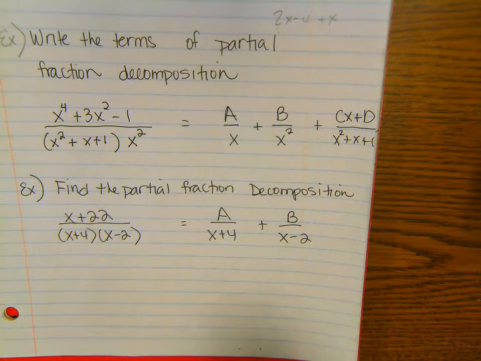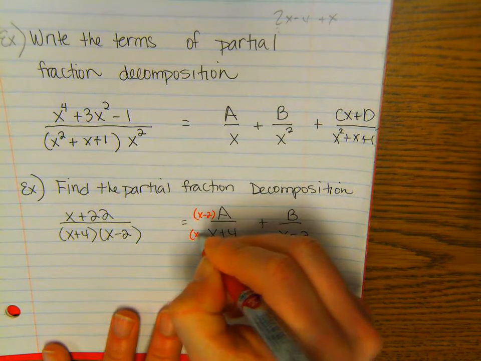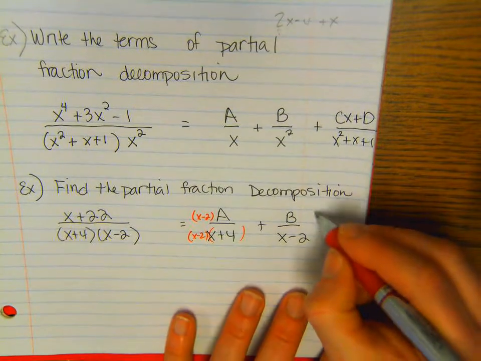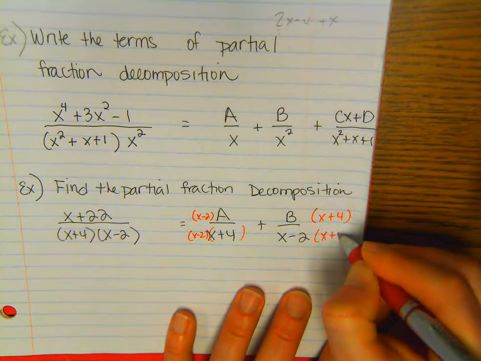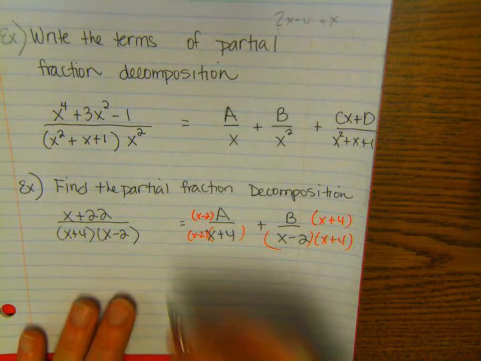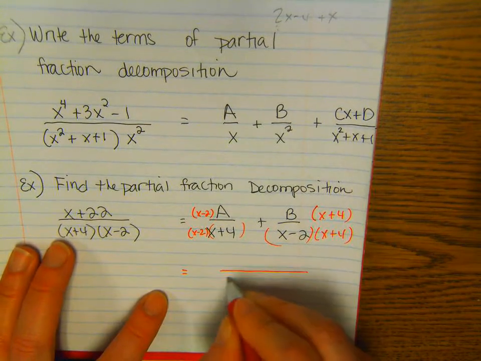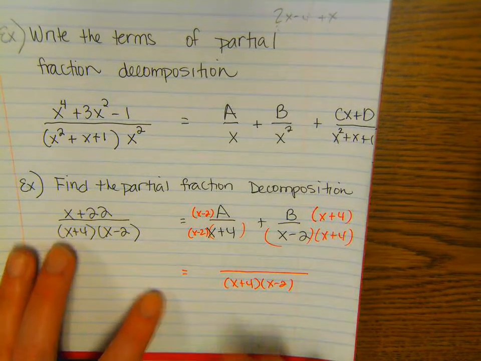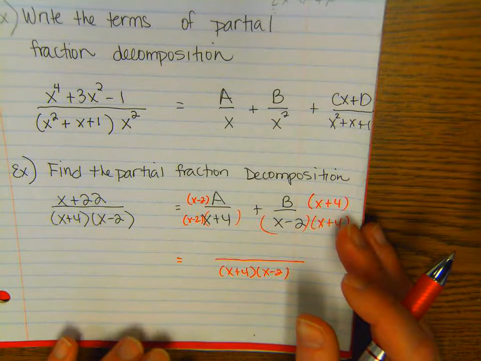So I am going to multiply this one by x minus 2, and this one by x plus 4. And I'm not going to bother multiplying out the bottom, because on the bottom, we know that it's going to multiply to be x plus 4 times x minus 2, and that's what we want. But let's multiply the top. What would the top expression give me?